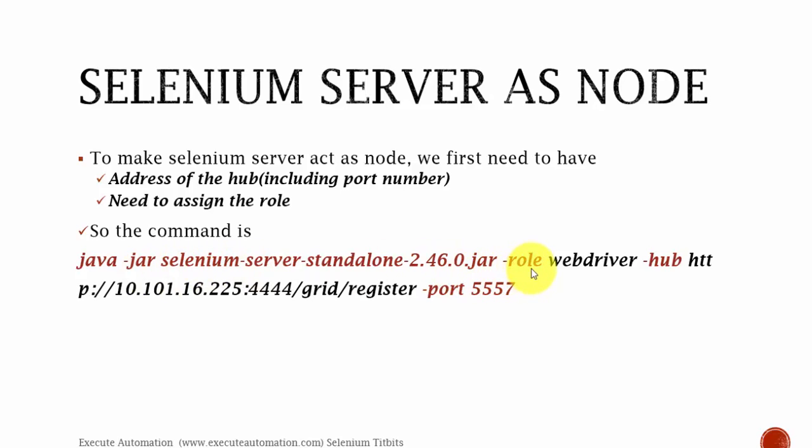And here we're going to specify the role not as node but as WebDriver, right? And we are saying that the hub is running at this particular IP address with this port and /grid/register. So we have to specify this particular URL to register your node into the hub.